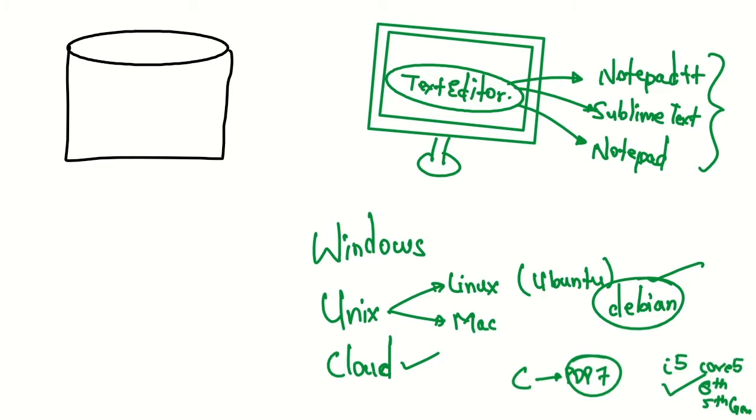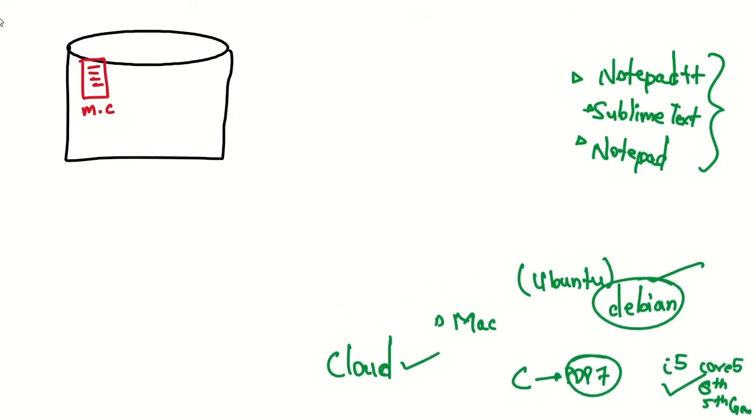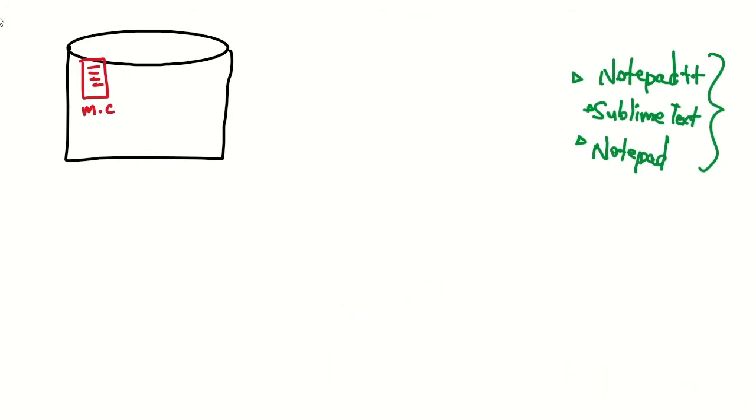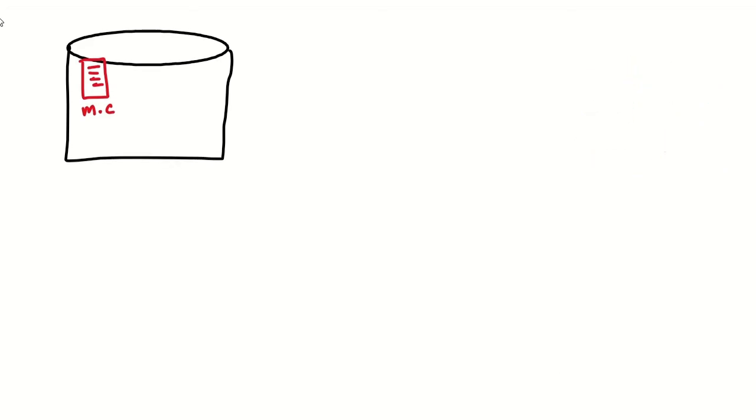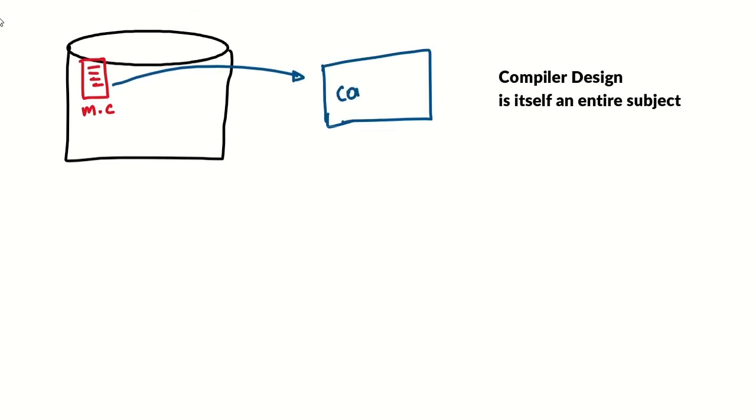So we'll write our code using a text editor, and we'll save it. It will be saved on the disk. This is my C code, say for example m.c. Thereafter we are going to call the compiler, and we will give this C code file to the compiler and ask it to process it. This is our compiler.